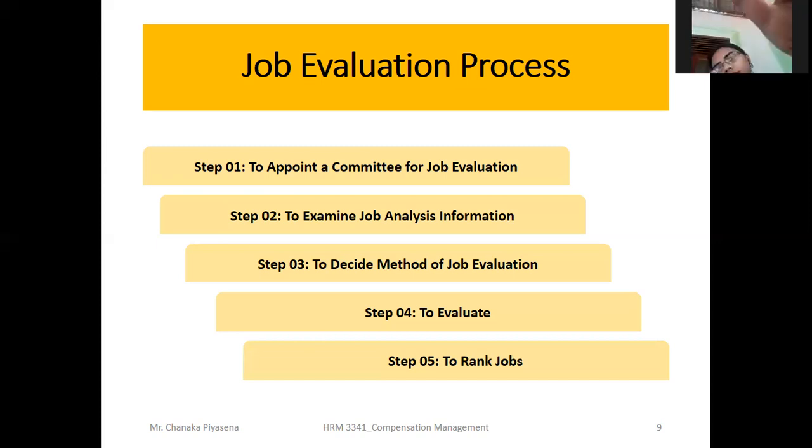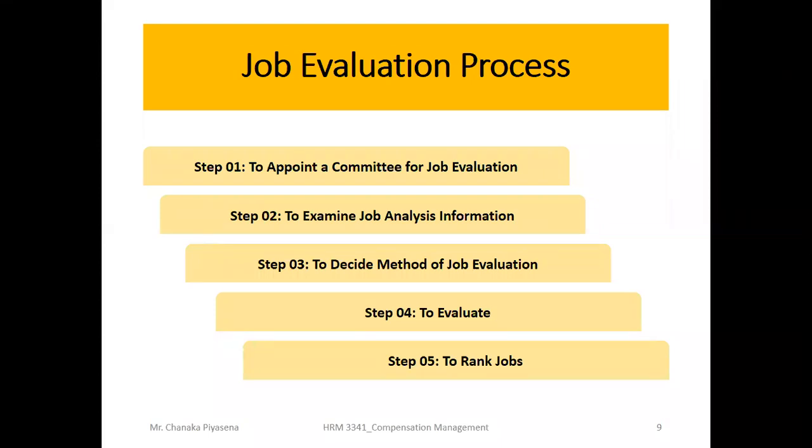Then the second step, to examine job analysis information. With the job analysis information, we are trying to identify the relative worth of the job. For that, there are several factors we need to consider, like responsibility or nature of the jobs, or risk level of the task duties and responsibilities.